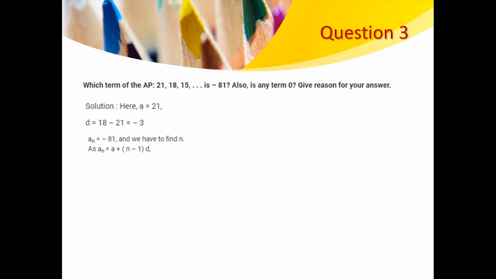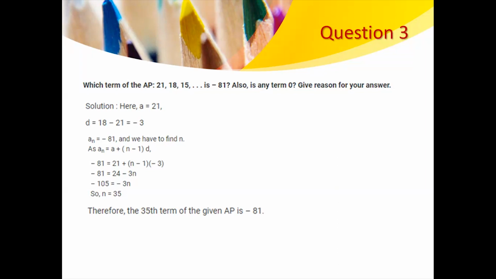And now I need to know the value of n such that my an is minus 81. an is a plus n minus 1 d. So put an is equal to minus 81, d equal to minus 3 and a equal to 21. After that, simplify it. Minus 81 is equal to 24 minus 3n and I get n is equal to 35. So what my answer is that the 35th term of the AP is minus 81.